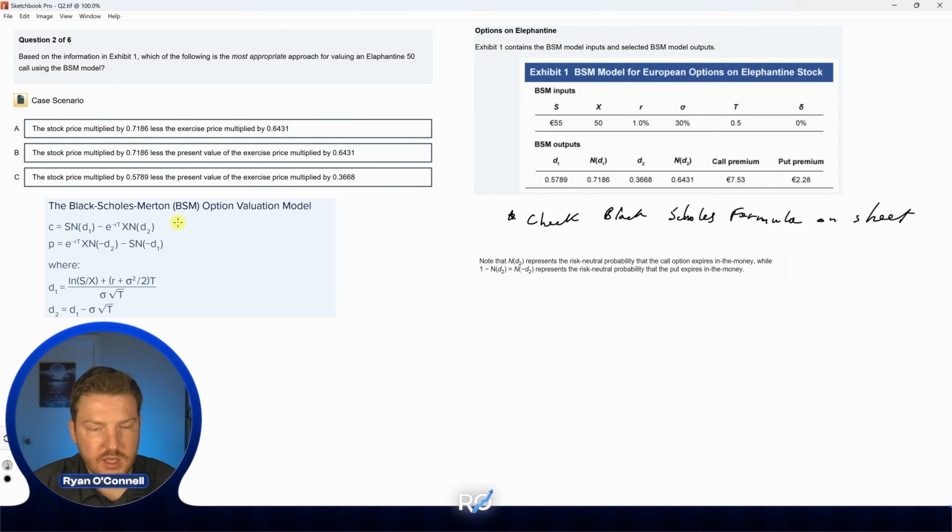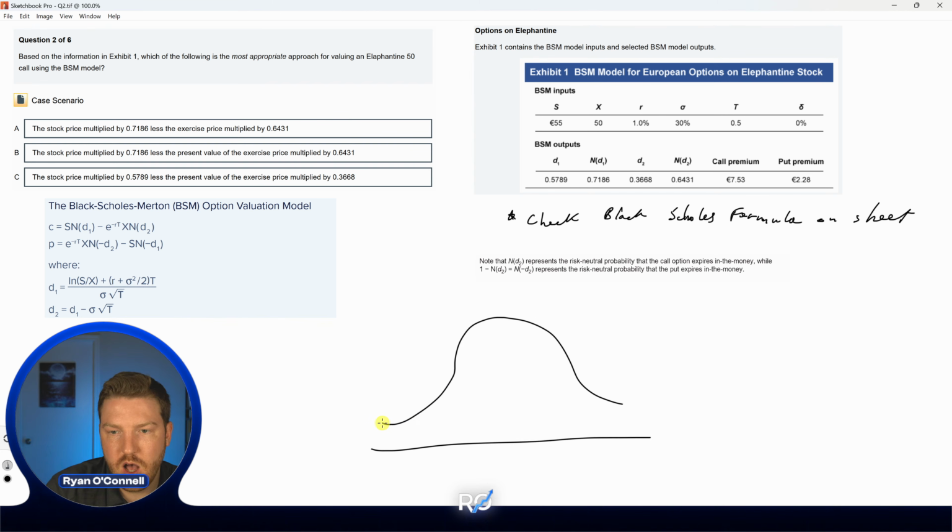So when we're looking at the Black-Scholes option pricing model, with the call, this is the value of the call. We're taking the underlying price here, and we're multiplying it by this value ND1, which is another probability, right? Think of D1 and D2 as basically z-scores, where we're going to take some distribution and then put in this z-score, right?